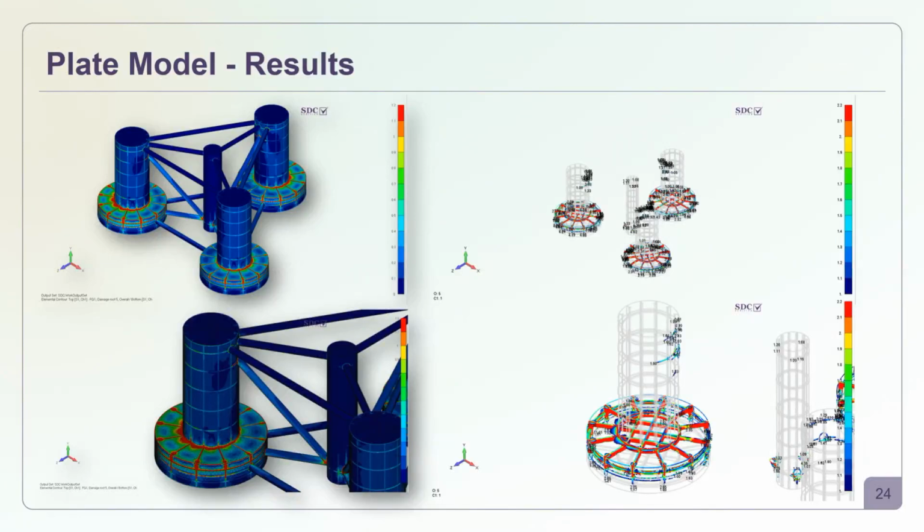We represent the structural stiffness correctly by including all the stiffeners that are welded to the structure. We end up with many overshoots, as you can see, due to millions of cycles of operation. On the right side, you can see all the zones that are exceeding these values.